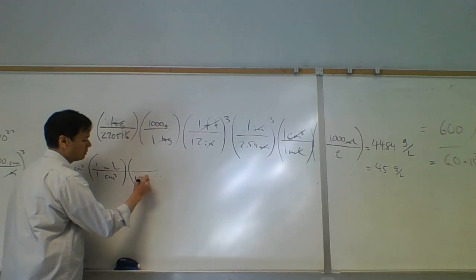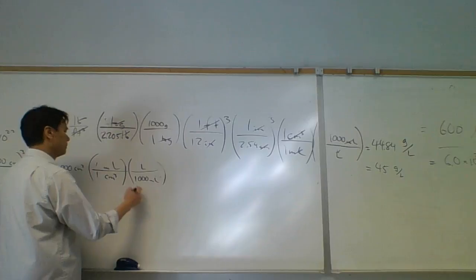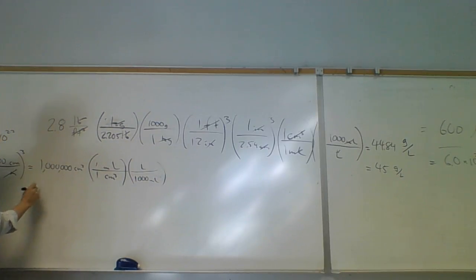So 1,000 milliliters per liter, and it comes out to 1,000 liters. And so there are 1,000 liters in a cubic meter, and 1 million milliliters in a cubic meter, or 1 million cubic centimeters in a cubic meter.